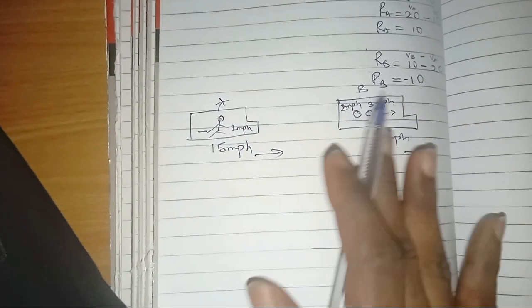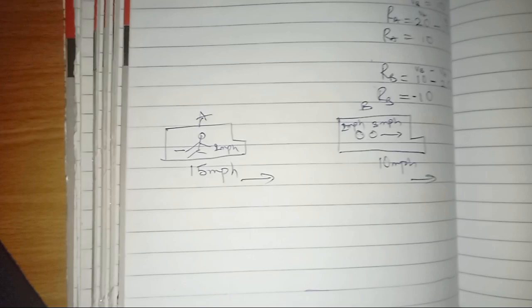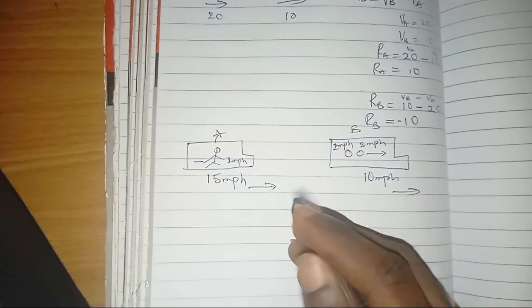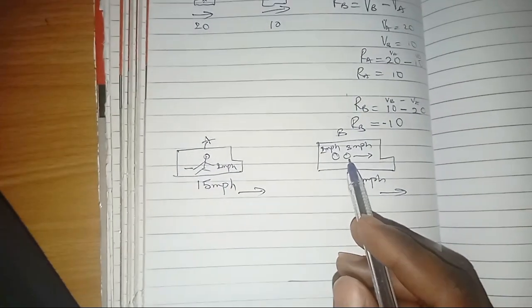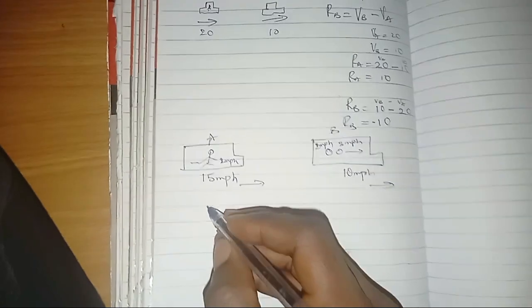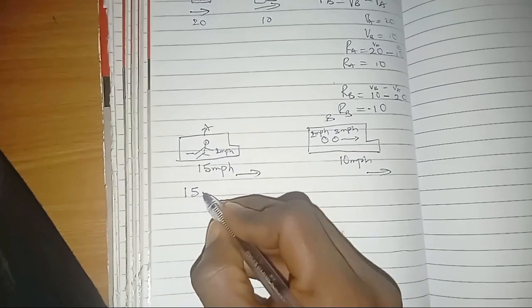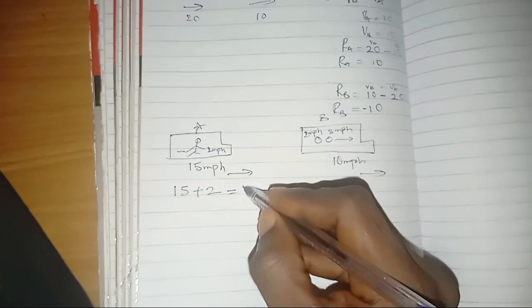I want to calculate the relative velocity as observed by somebody standing on earth, like standing on the ground. If the person can see this person running, and can see that the ball is rolling, what the person will clearly see is simply 15 plus 2, which will give you 17.